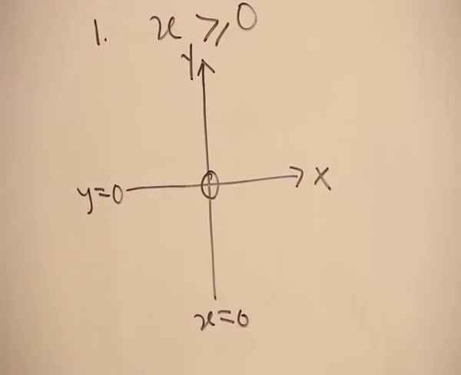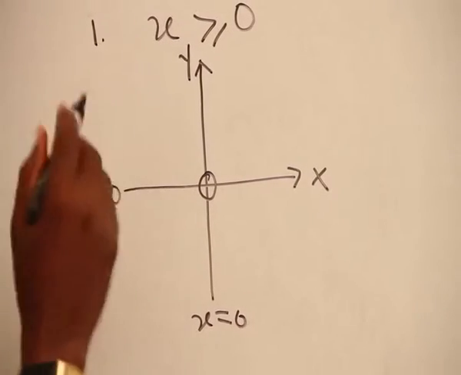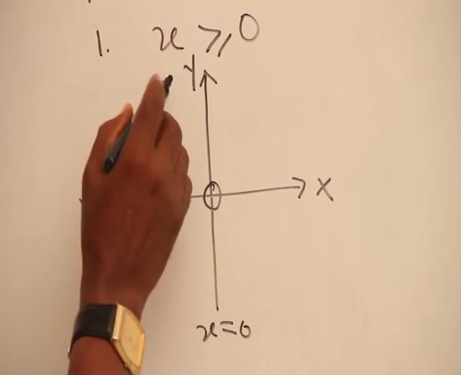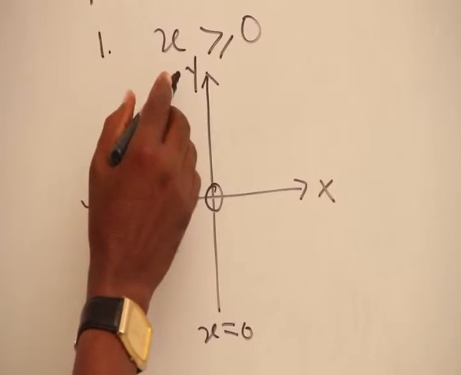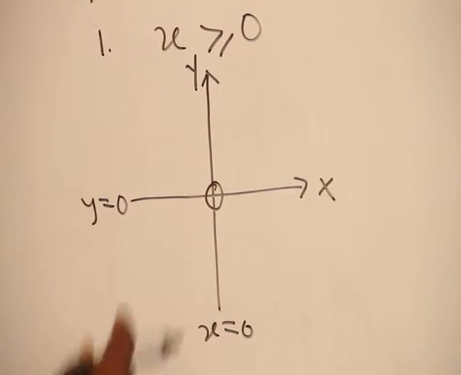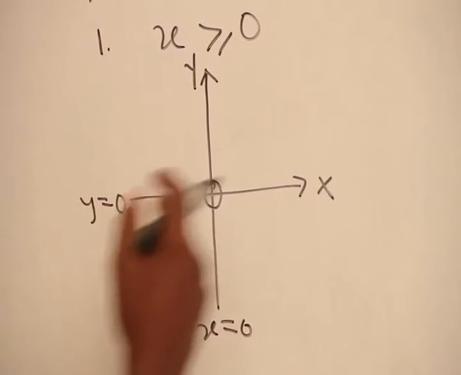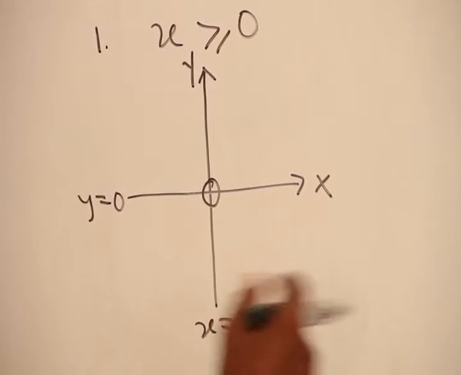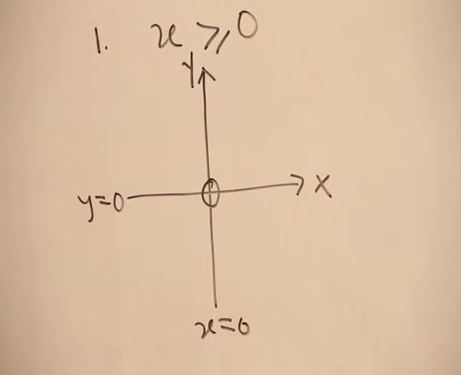But now, what we are told to do is to draw the graph of x greater than or equal to 0. And we have said that inequality graphs represent a range, a region, an area.